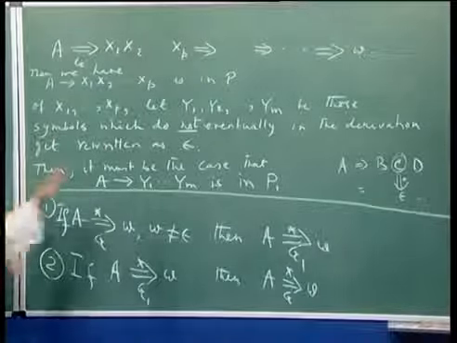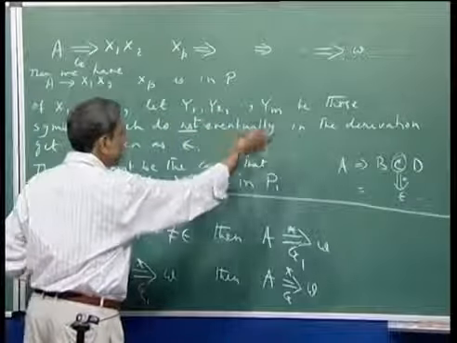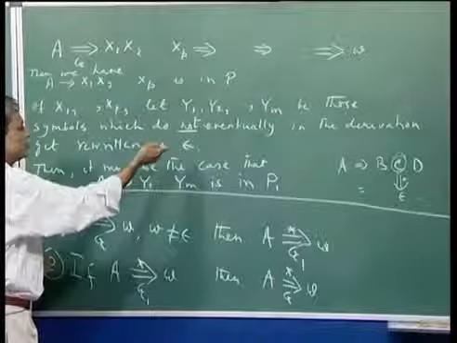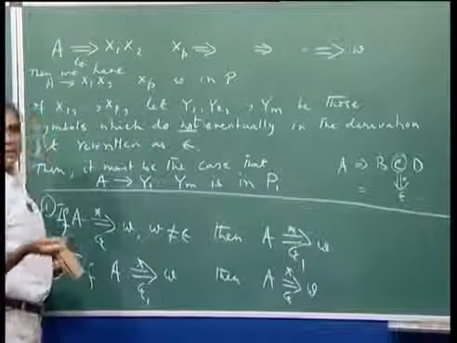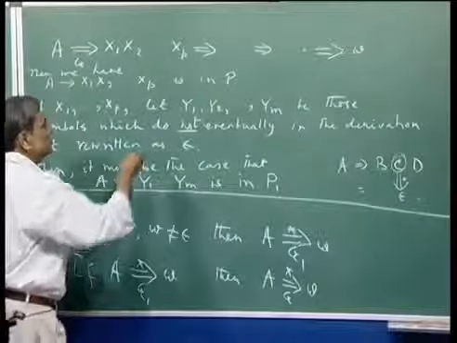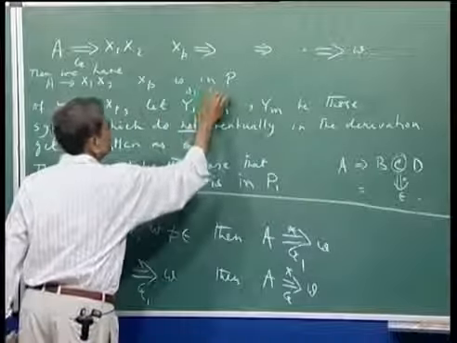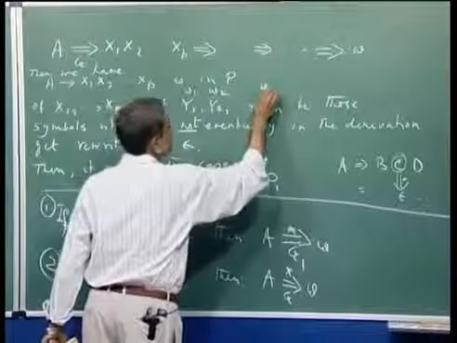And here now it is very clear, you see, let y1 through ym, they are not getting rewritten as epsilon eventually. So, each y1 through ym, they generate strings which are non-null. So, let me say this string is w1, this string generated by y2 is w2, this is wm.